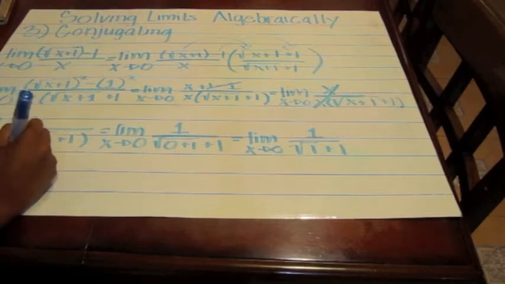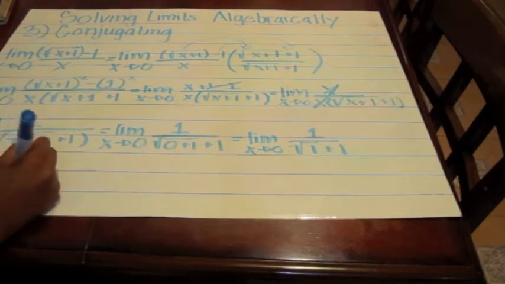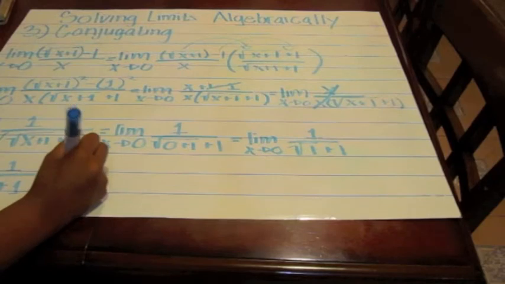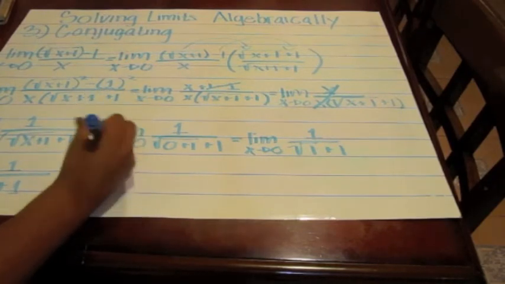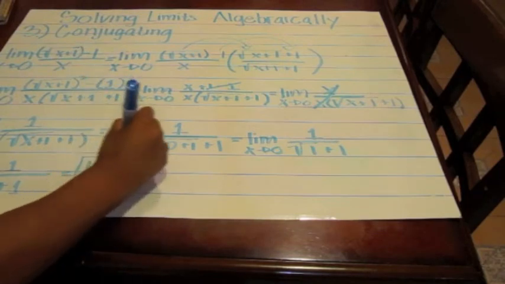So now we are left with a simple equation, 1 over 1 plus 1, and our answer is 1 over 2.